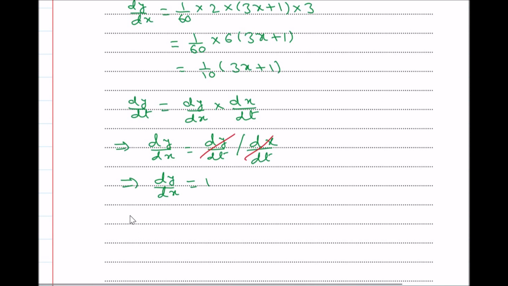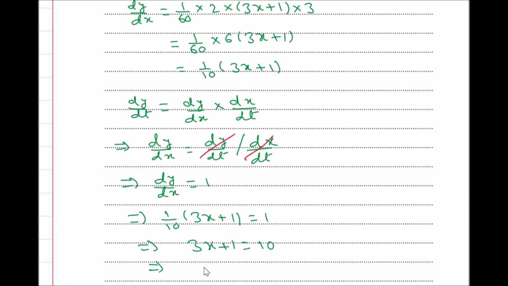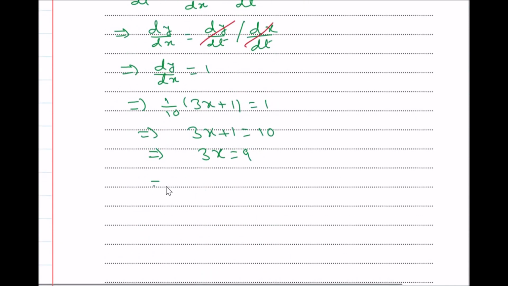So let us replace: 1 by 10 times (3x plus 1) is equal to 1. So this gives us 3x plus 1 is equal to 10. This implies that 3x equals 10 minus 1, that is 9. And then x is 9 divided by 3, that is 3. So our answer is x equal to 3.